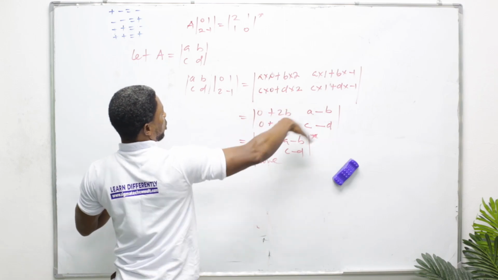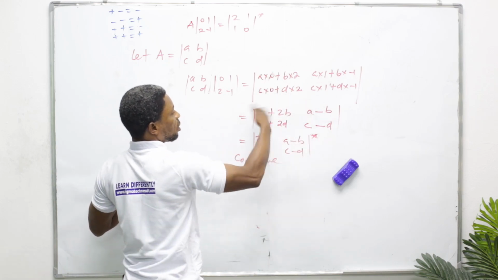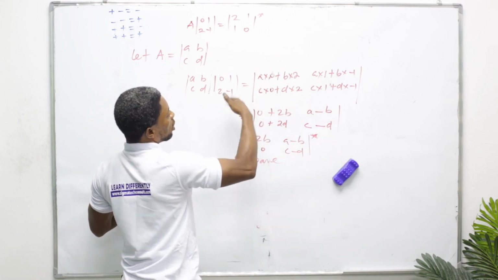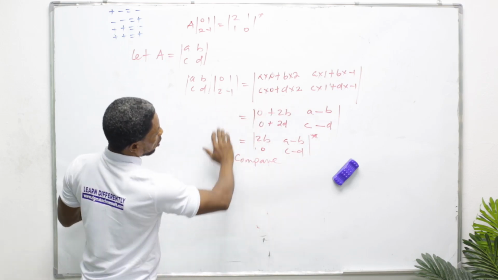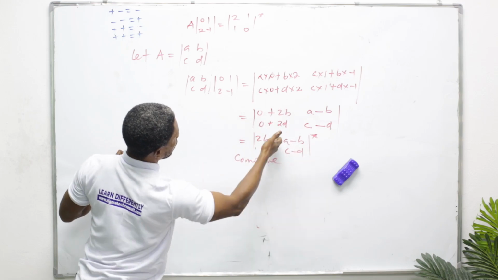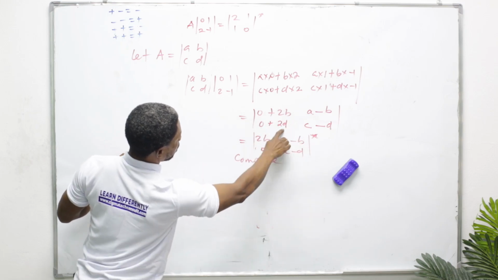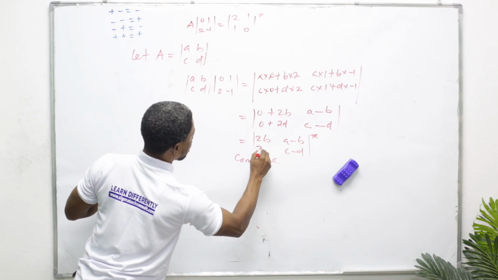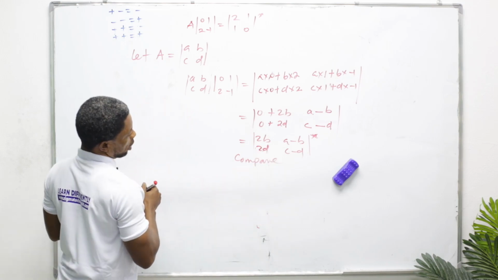Because in this manipulation of multiplication, if you don't take time, you can misplace the rows against columns. So before I compare, I will check. Is there any mistake? Check, check, check. Okay. This plus this should be 2d. Okay, now let's go.